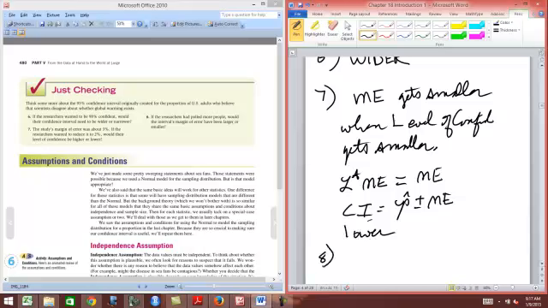8. If the researchers had polled more people, would the interval's margin of error have been larger or smaller? Margin of error equals z star times the square root of p hat q hat over n. That is the standard error.